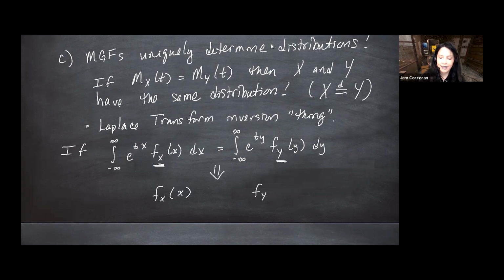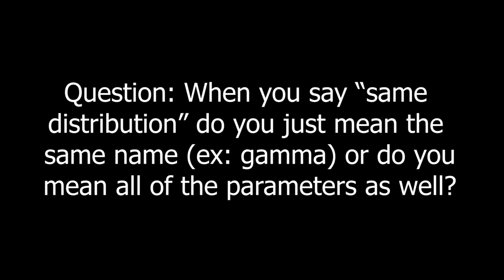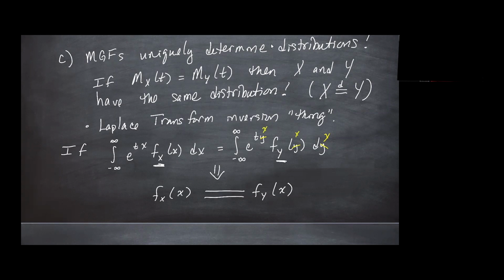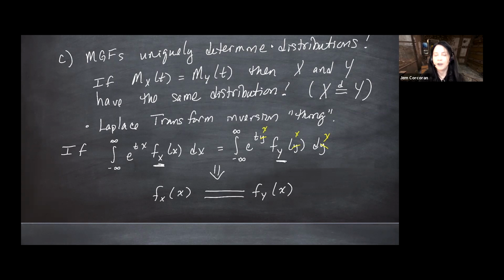So I guess I need to put an x in this one. You know, two different functions. So I could have gone through this integral with an x here and an x here and an x here. But the subscripts on the f's are different. Yeah, the same everything. So the name and the parameters, so everything identical.